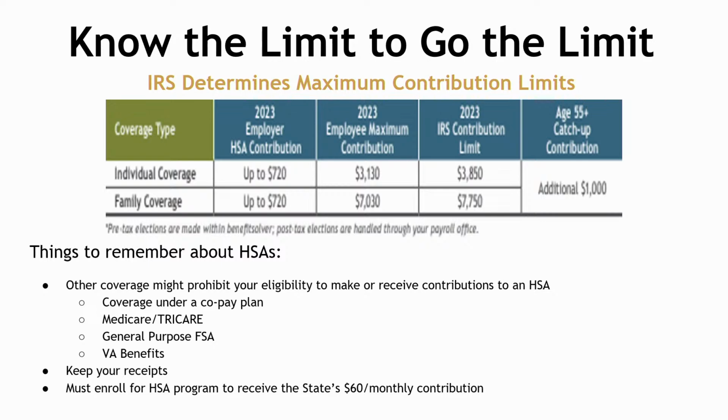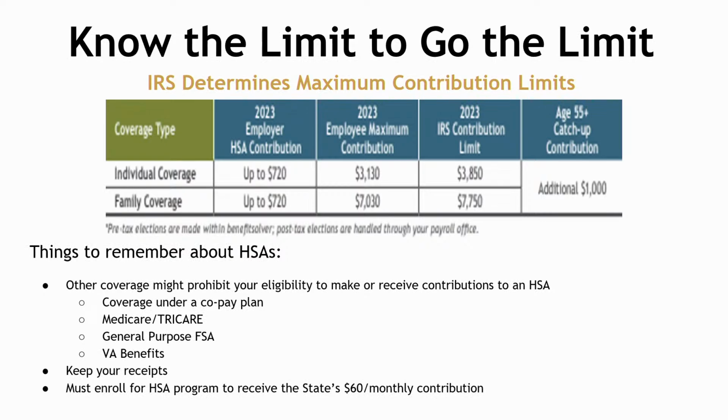So Benefit Solver is smarter than you and I, and it actually deducts that $720, the $60 a month times 12 is $720 for the year. It deducts that $720 the state contributes from your contribution limit of $38.50, and it will allow you to contribute $31.30. That way you don't inadvertently contribute more than the IRS allows and get in trouble.